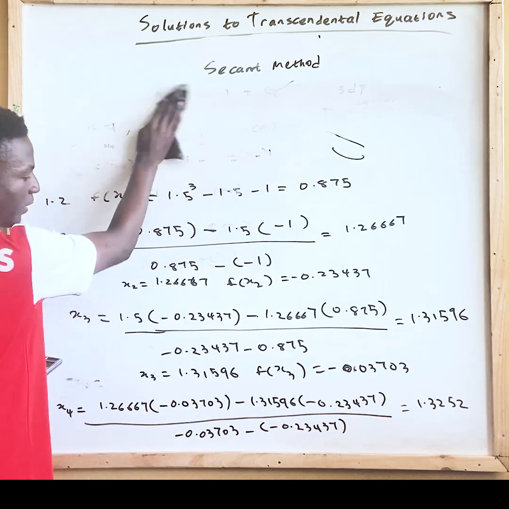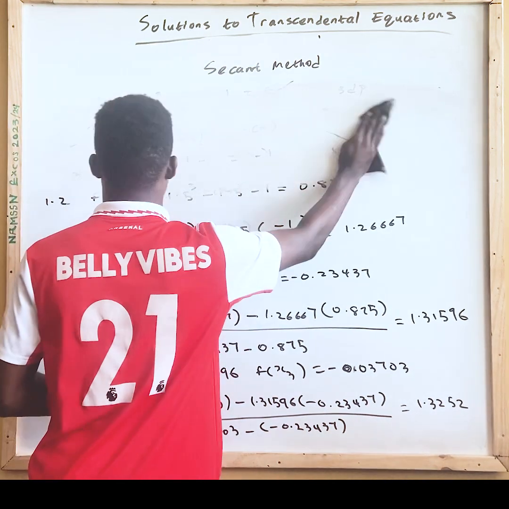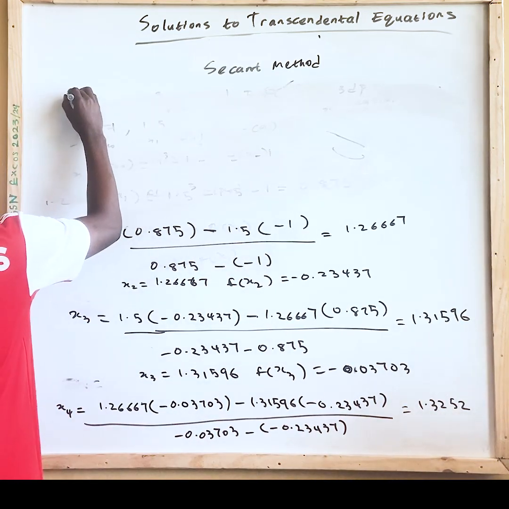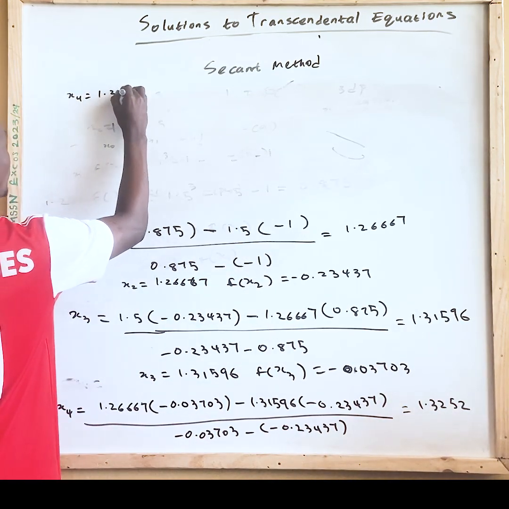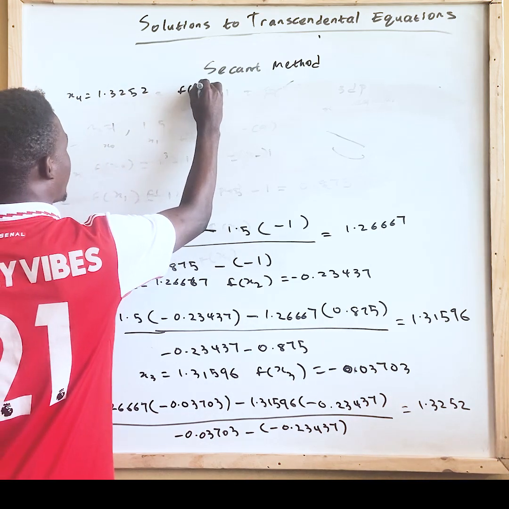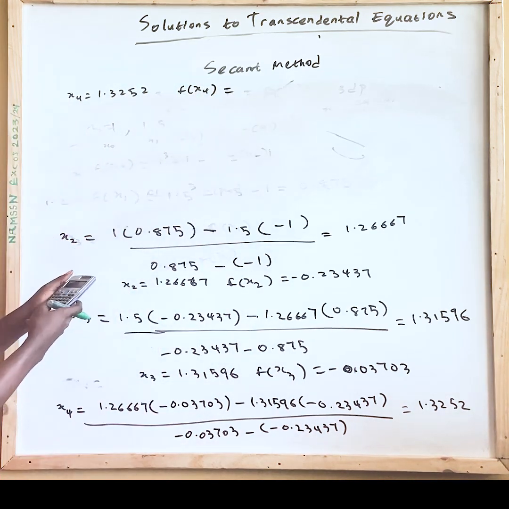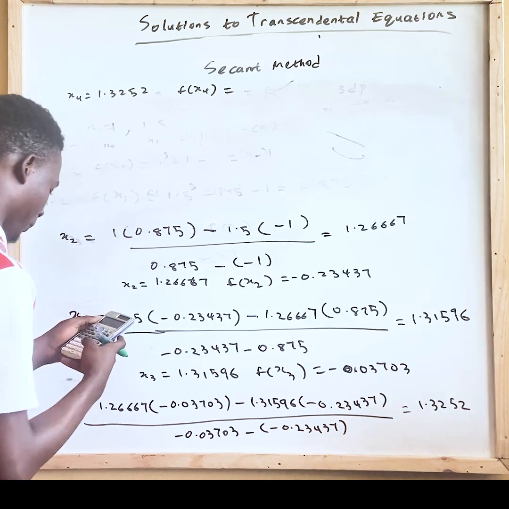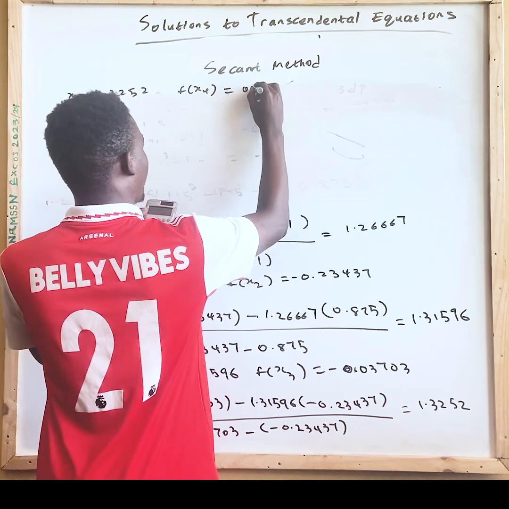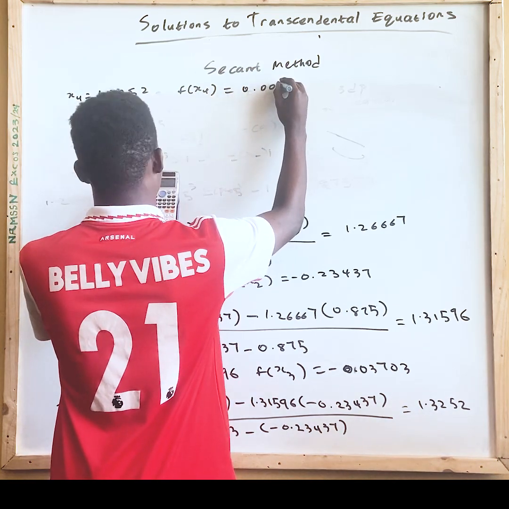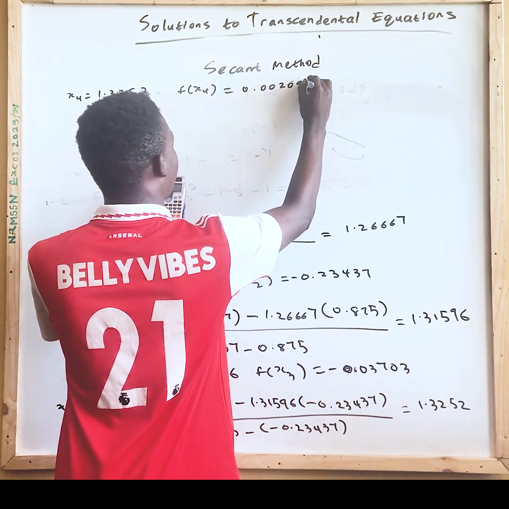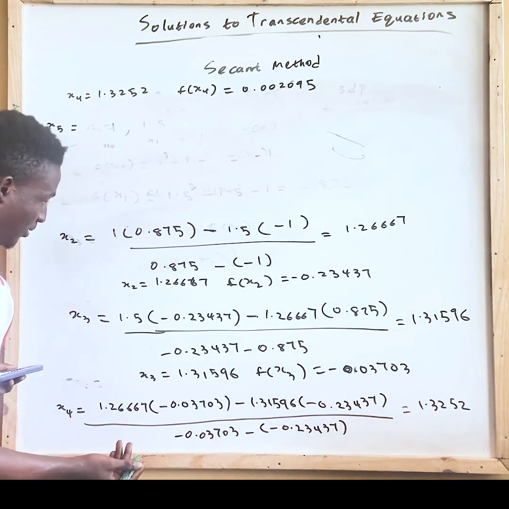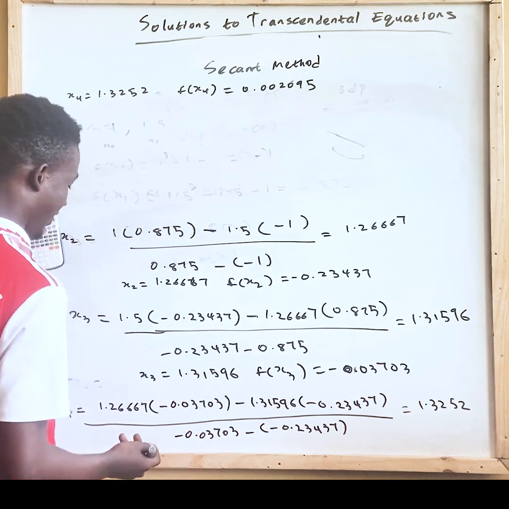Then the next thing is I need to find f of x4. So x4 equals 1.3252. f of x4 is 0.002095. So x5. So x5 will be x3.